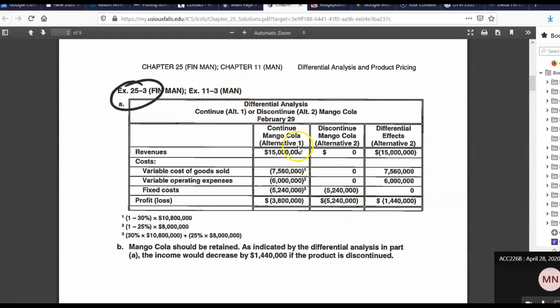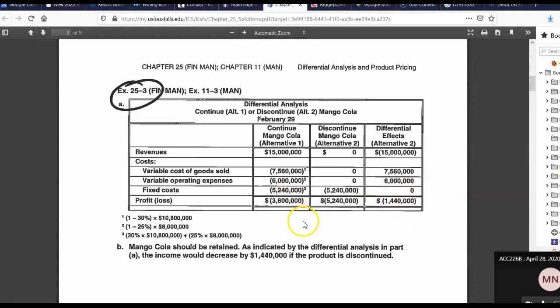And looking at just this one here, for instance, does it make sense? Everybody looks at this mango cola and says we're losing 3.8 million. Well, we are, that's true. However, the revenues and some of these variable costs, which we would call contribution margin, actually do cover some of these fixed costs to the tune of 1.44 million.